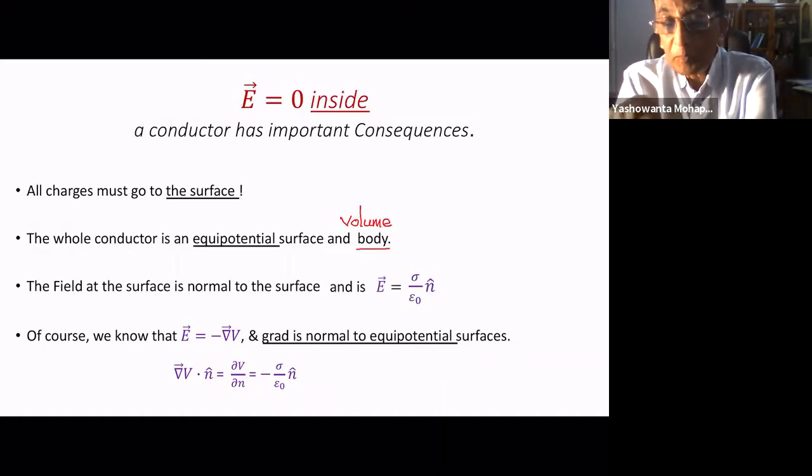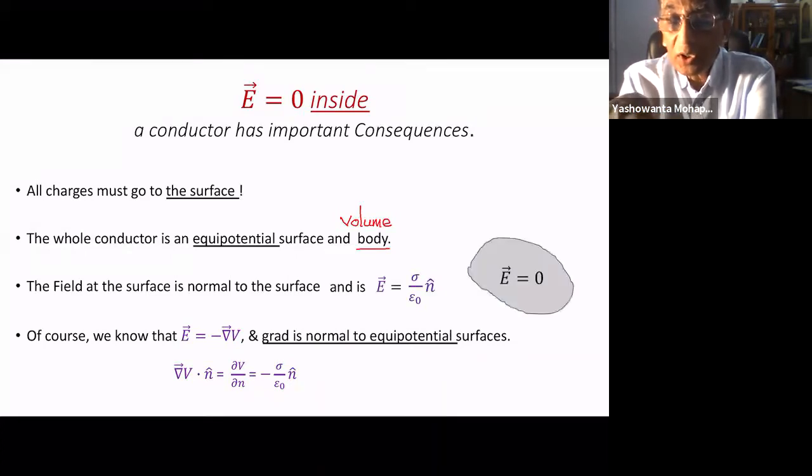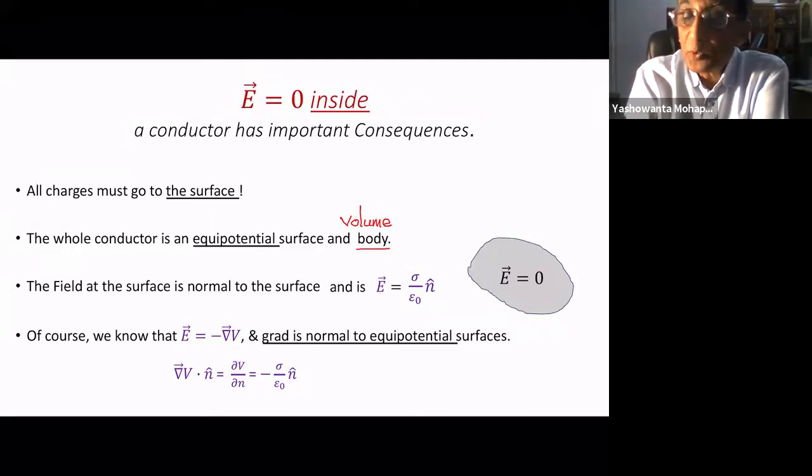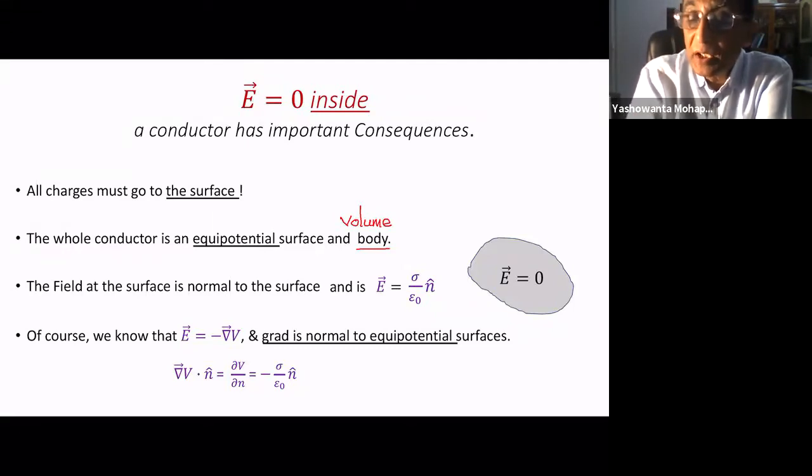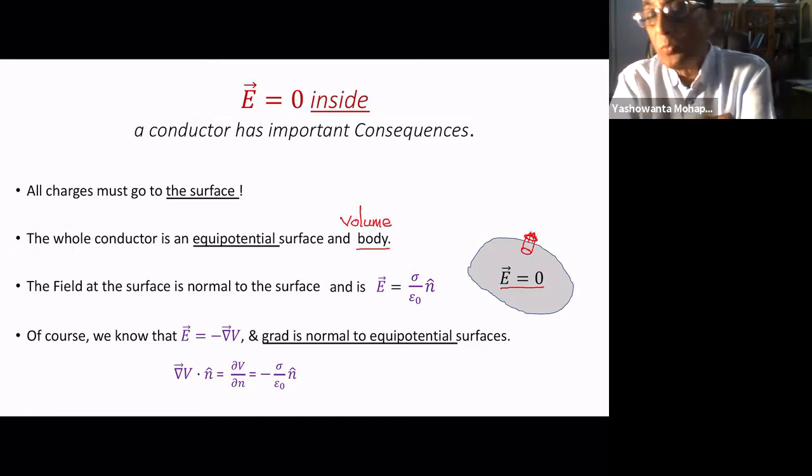We can easily prove that. I'm sure you have seen that we just take the fact that E is equal to 0 inside. Now suppose there is some sigma. We can draw a small Gaussian surface, very close to the surface and normal to it.